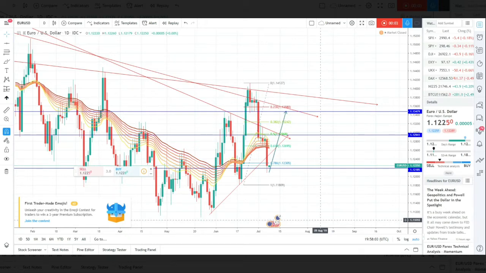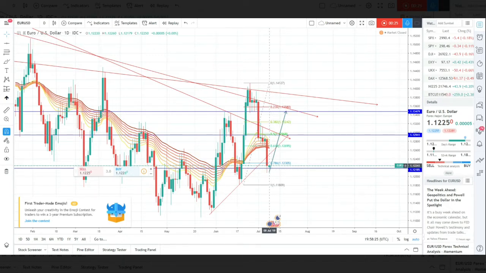Okay, euro USD analysis for the upcoming week. First of all, I would like to explain a few things. The blue lines over here symbolize the support line and resistance.